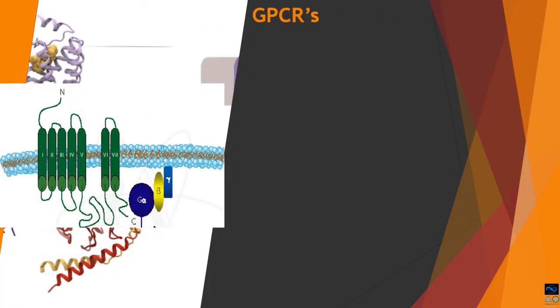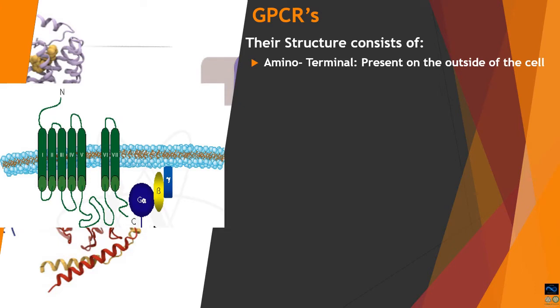Focusing on the structure of the GPCRs, as I already told you, they have distinct alpha helical structures which make seven transmembrane domains in the plasma membrane of a target cell. The structure of a GPCR can be characterized into three distinct parts. First is the amino terminal end, which faces outside the cell to interact with the environment and to respond to the ligand or hormone, binding to it and forming a hormone receptor complex.